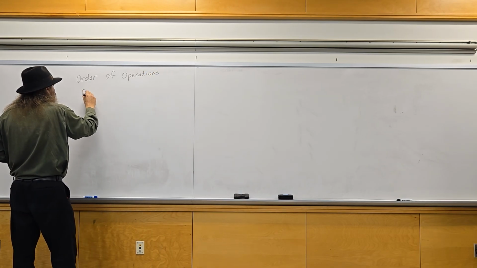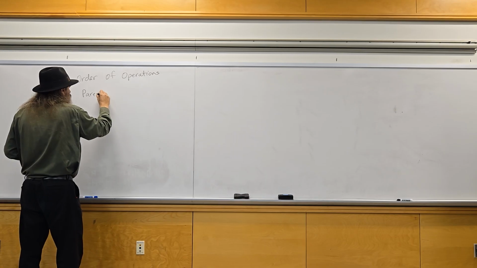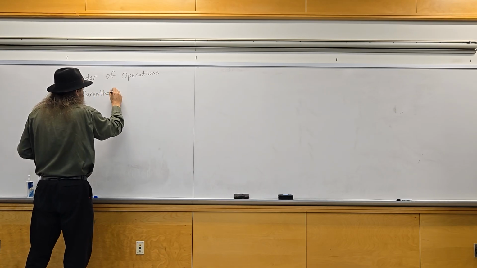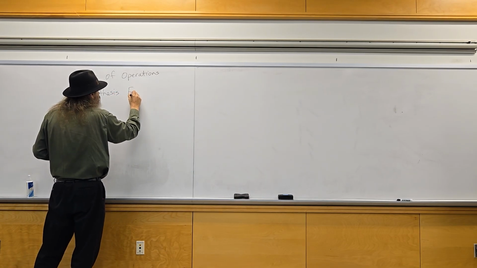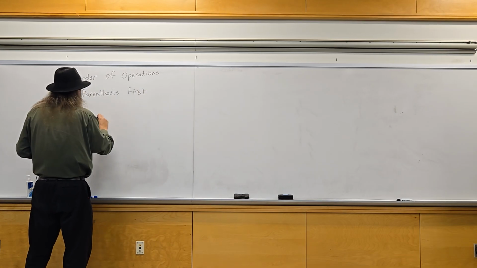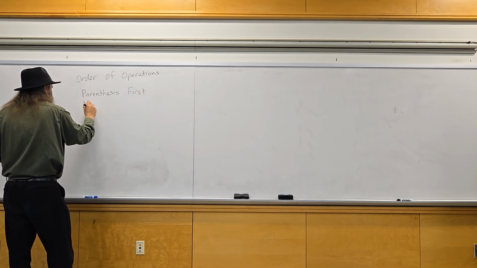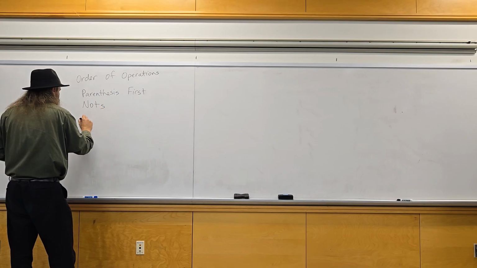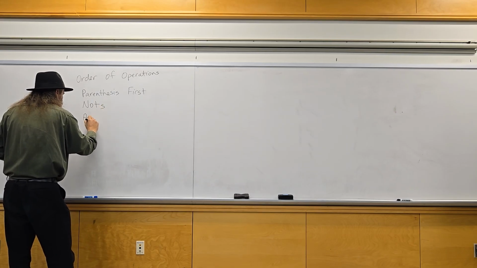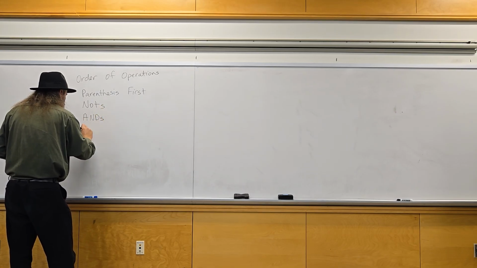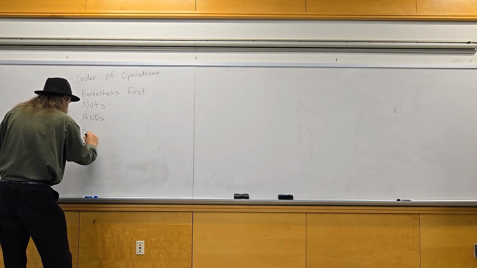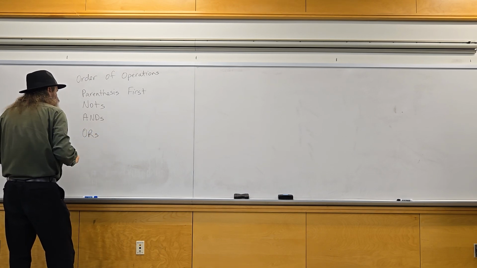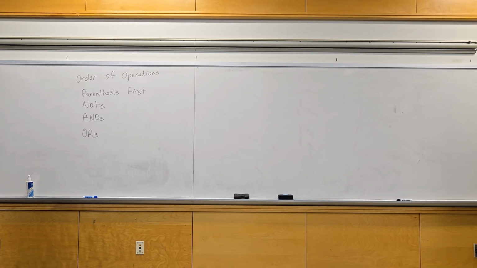Parentheses first. Then nots. Then ands. Then ors. So we have two parentheses here. And you start from the left and you work your way right.